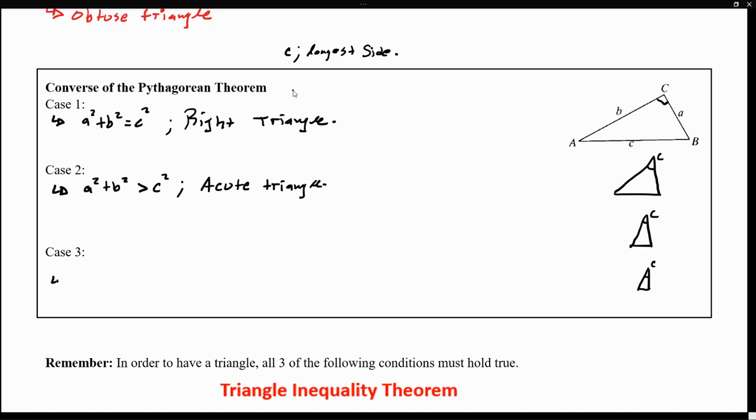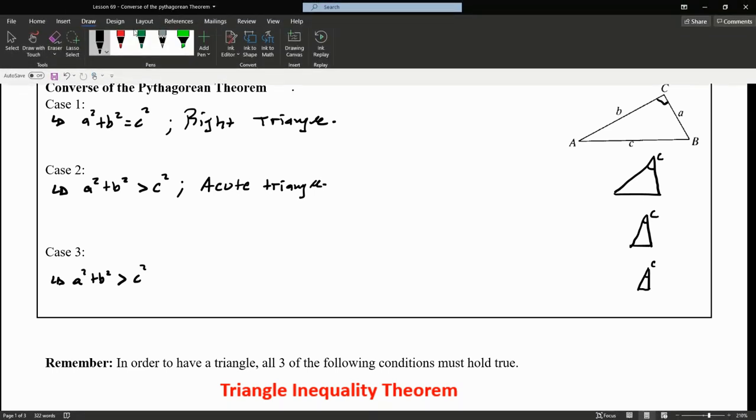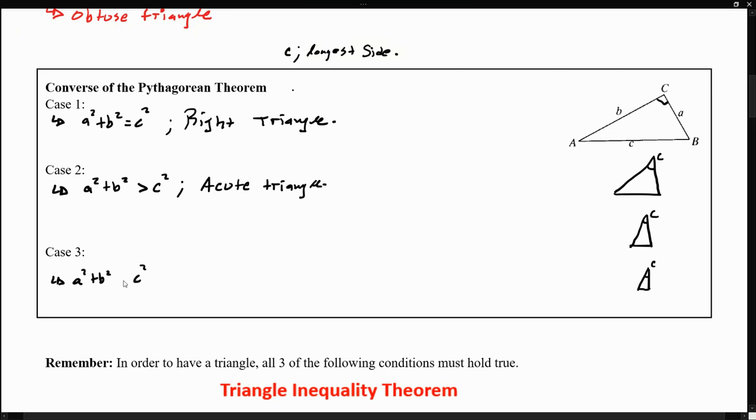So what would happen if a squared plus b squared is greater than c squared? Well, if it's equal to c squared, we have a right triangle. If c squared is less than a squared plus b squared, that's an acute triangle. Sorry, typo, because I'm doing the same thing here. So we want to see the case where it's actually greater than.